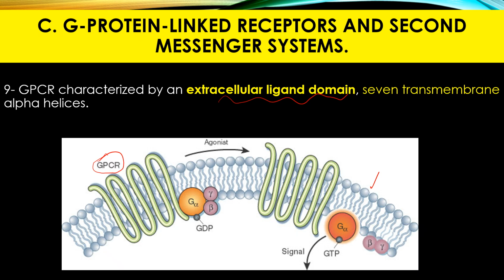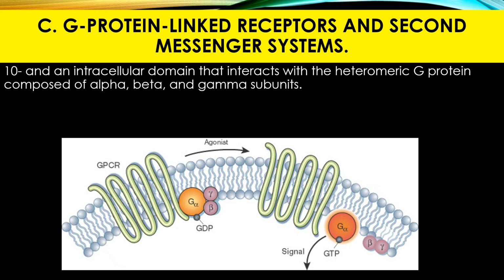This is the extracellular ligand domain where a chemical signal attaches, and the 7 transmembrane alpha helices: 1, 2, 3, 4, 5, 6 and 7.